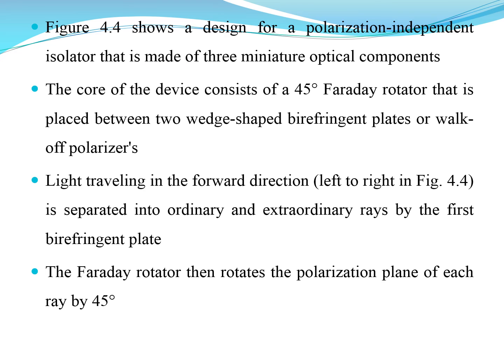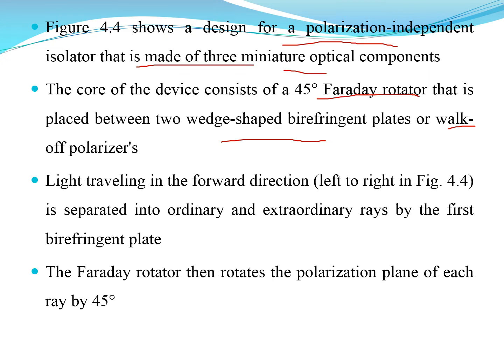So, we saw that the figure shows the design of a polarization independent isolator that is made up of three small optical components, that is, miniature optical components. The core of this particular device is the Faraday rotator, a 45-degree Faraday rotator, that is placed between two wedge-shaped birefringent plates, or they are also termed as walk-off polarizers.